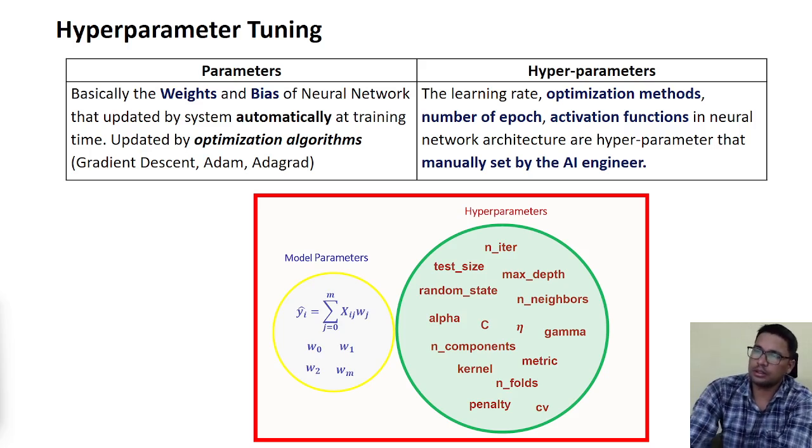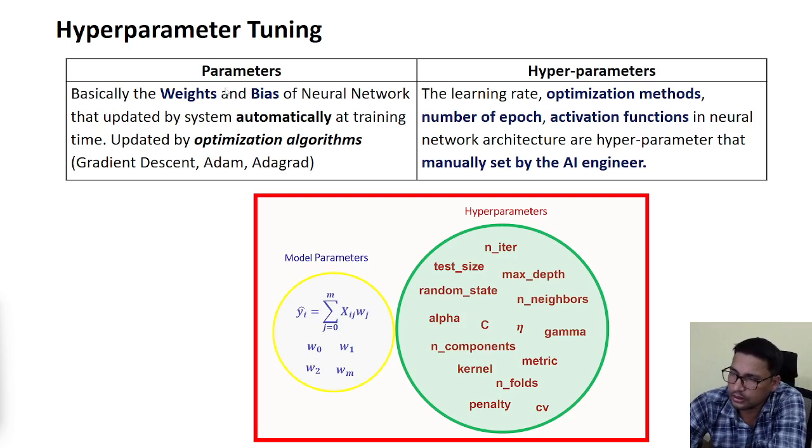And another is hyperparameter tuning. In the neural network, we have two things. One is the parameters. Generally, the parameters are the weights and biases, which are automatically updated during the training time by the neural network, right? In this training, we have the forward pass and backward pass.